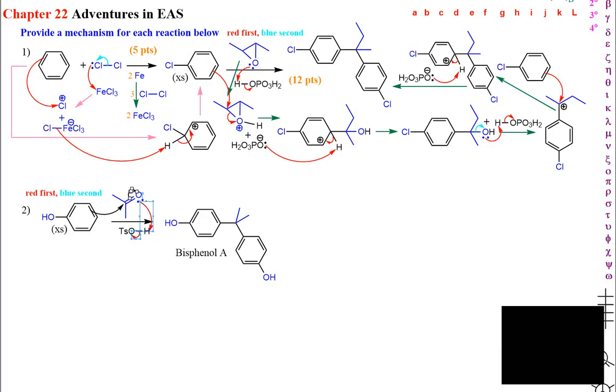Red arrows first, blue arrows second. Generating this intermediate here. We have a cyclohexadienyl cation, and there's where the acetone is now, protonated O.